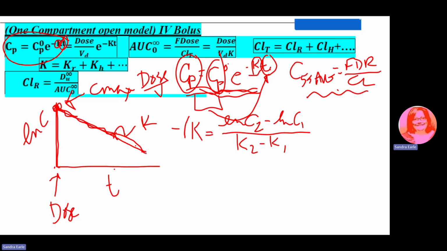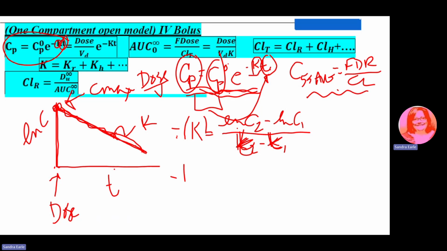Our K is not negative, but this is going to be a negative slope because it's falling off. So K is natural log C2 minus natural log C1 over T2 minus T1, the time difference. You all know that equation well.